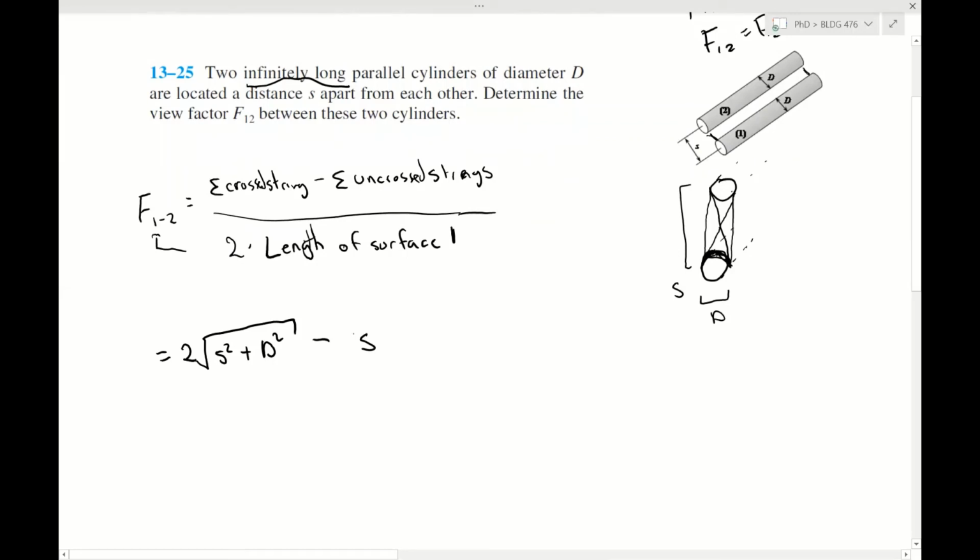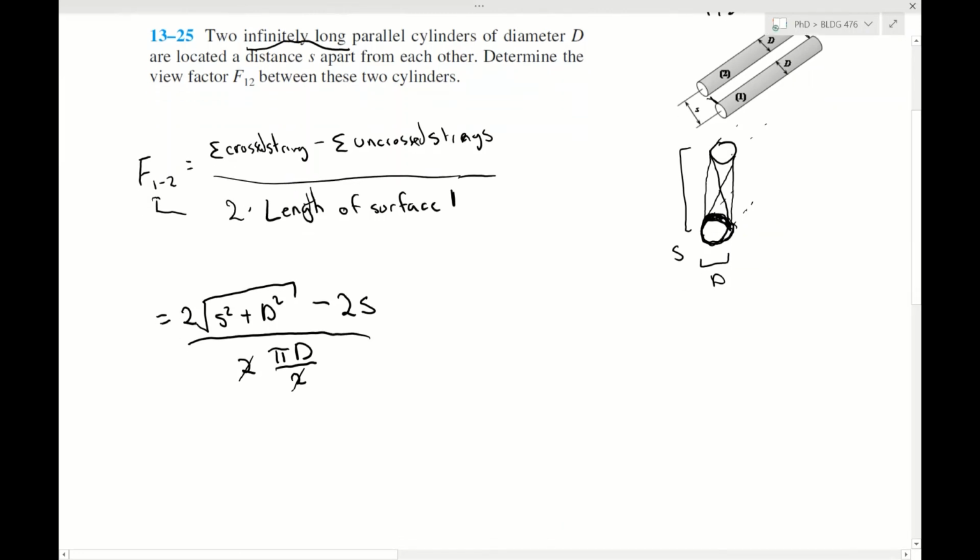Same thing, there's 2 of them, so we're going to add the 2. And then on the bottom, we're looking again for this distance. So circumference of a circle is pi d. Of course, it's not the full circumference, it's just this top part. So we're going to divide it by 2, and then we're going to multiply it all by 2, which of course will cancel out.